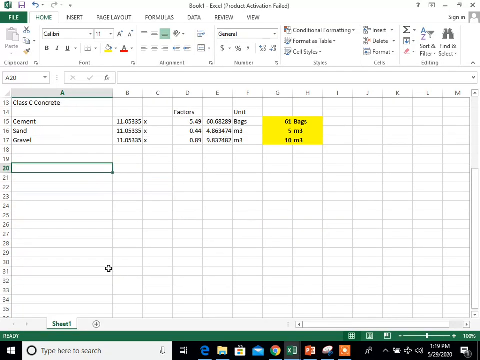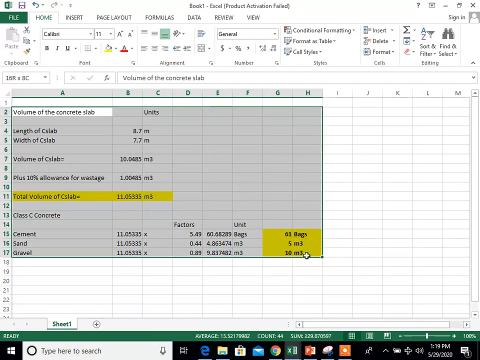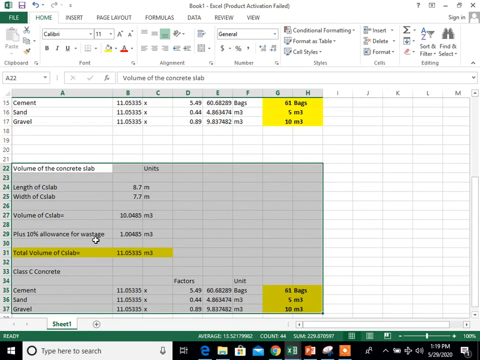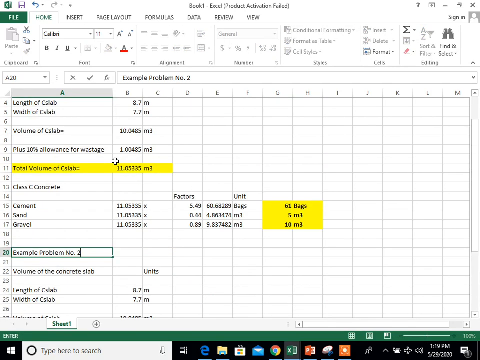So going back again to Excel, let's copy the format. Copy it here for example problem number 2.